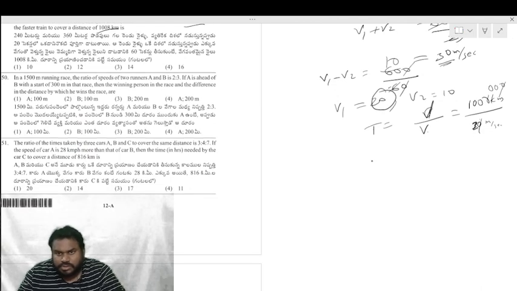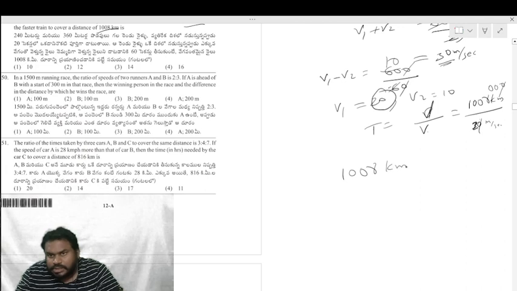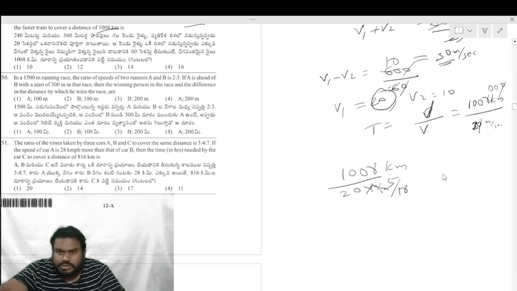Kilometers by 20, here it is becoming meters per second. So meters per second can be converted into kilometers per hour by multiplying with 5 by 18. Or else we'll do one thing: just convert kilometers into meters.